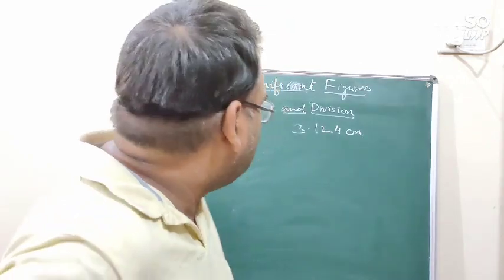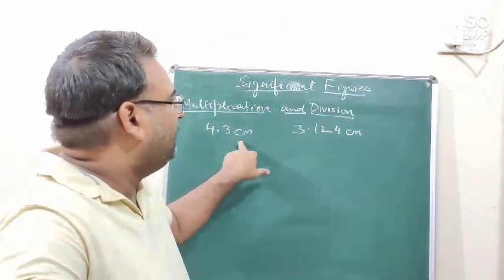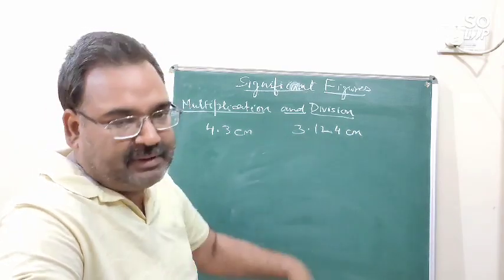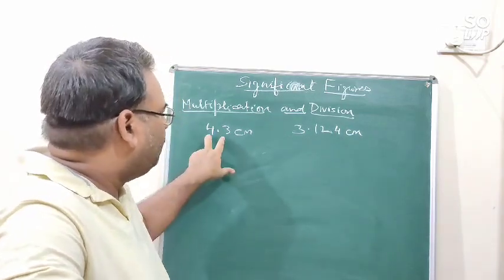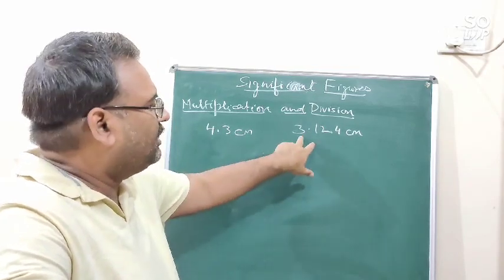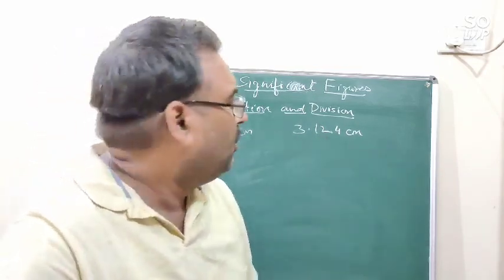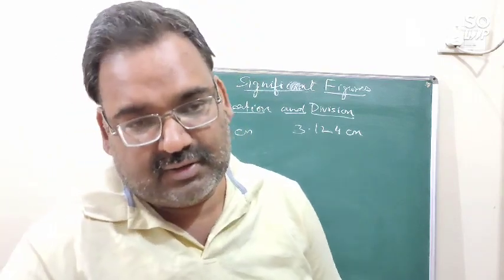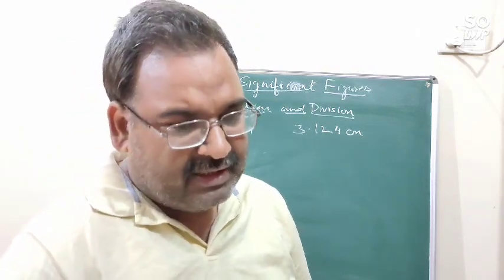So let us take two numbers, 4.3 centimeter and 3.124 centimeter. Now this 4.3 centimeter has only two significant figures, and this number 3.124 has four significant figures. Okay, what did I say?